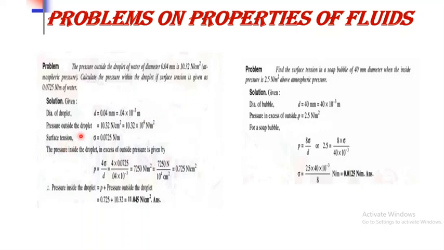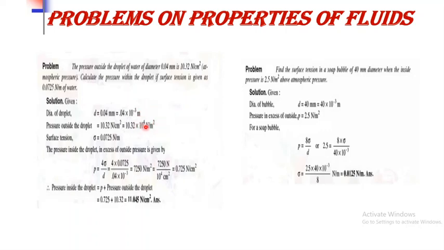Then the pressure outside the droplet is given, that is 10.32 Newton per centimeter square. We have to convert that into Newton per meter square. For converting centimeter to meter, we multiply by 10 raised to minus 2. So for centimeter square to meter square, we multiply by 10 raised to minus 4, and that is in the denominator.